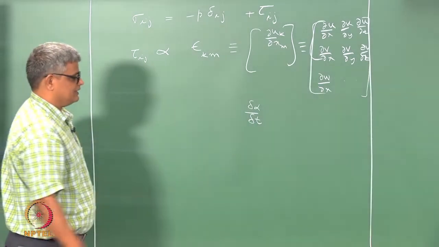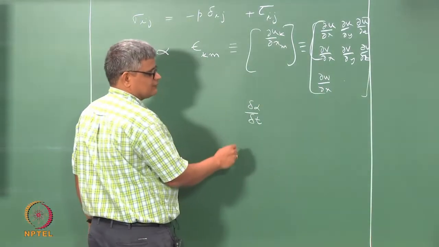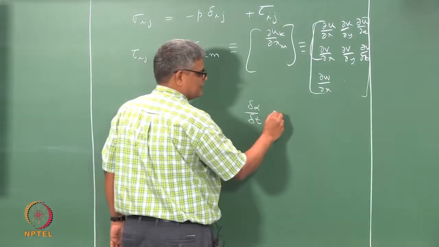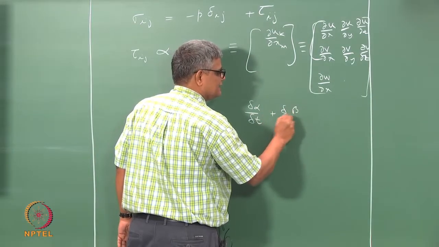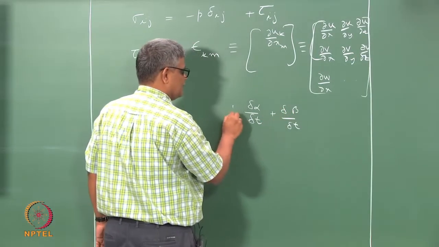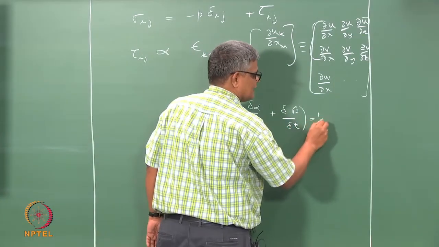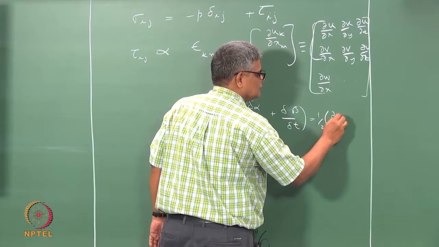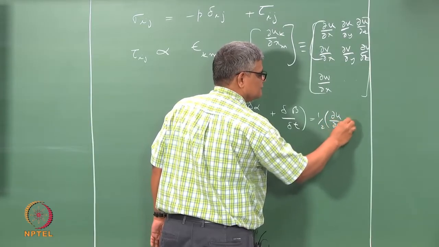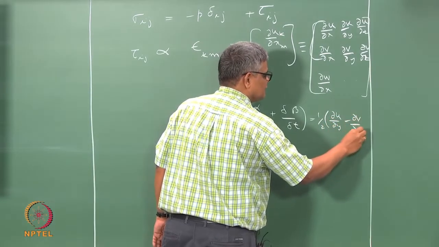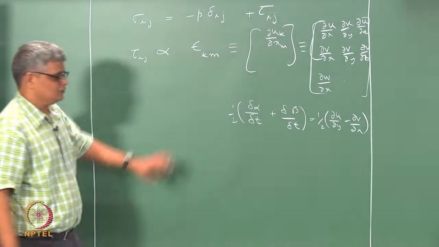The rate of deformation is given by delta alpha plus delta beta, and the average of these two, and this is expressed as half of dou u by dou y minus dou v by dou x, and so on like this.